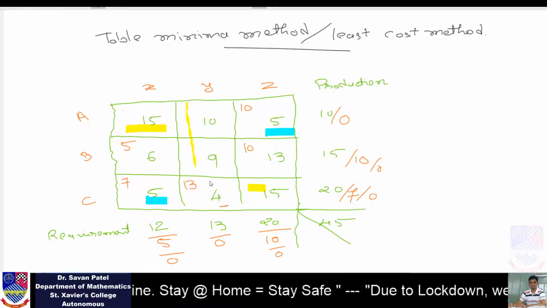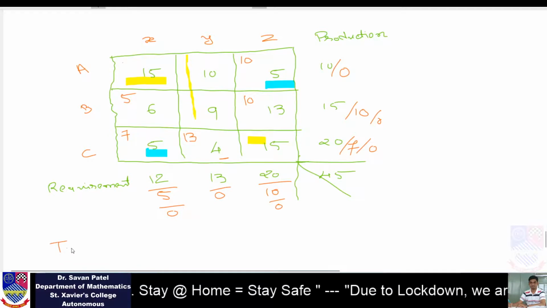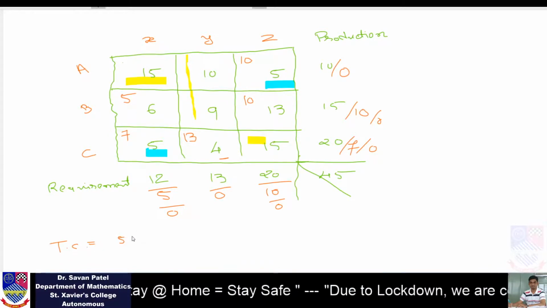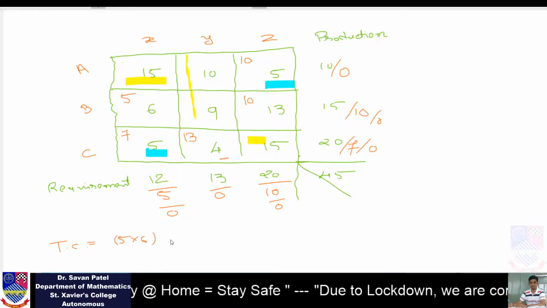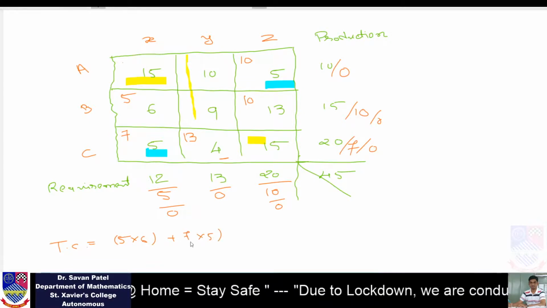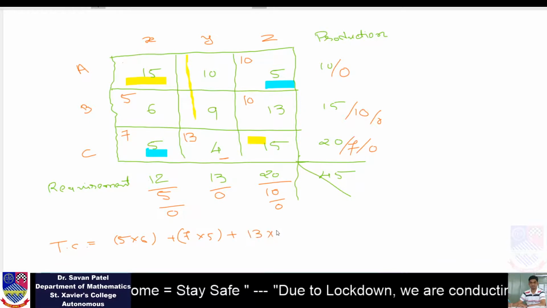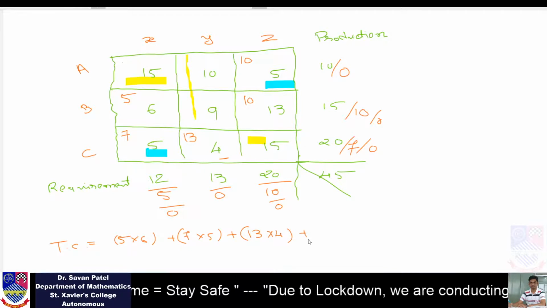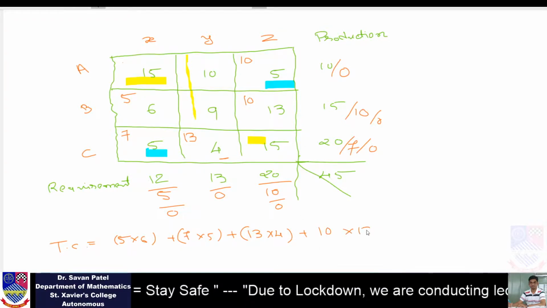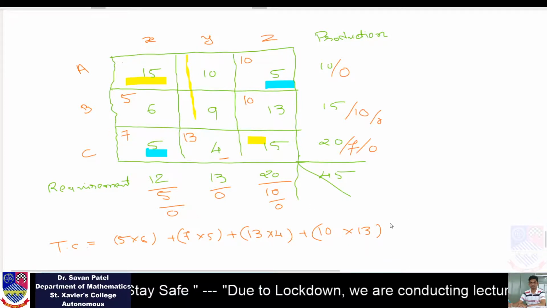Let's calculate the transportation cost for this also. So the total transportation cost is 5 times 6, then 7 times 5, then 13 times 4, then 10 times 13, and 10 times 5.